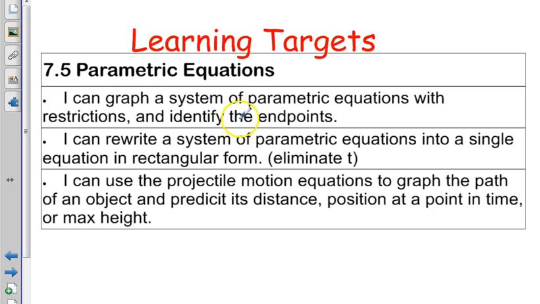You're going to have to be able to eliminate a variable. You're going to have to be able to indicate orientation. That's really part of this one, which way it's going. Okay. And then we're going to do projectile motion equations at the end, and we'll do some more of those tomorrow. There was a copy of the bookwork by the door today if you wanted it.